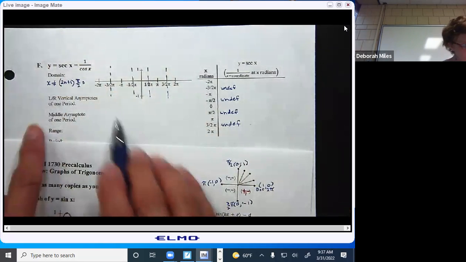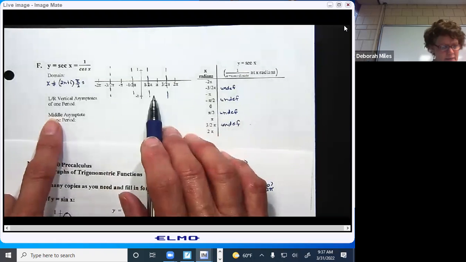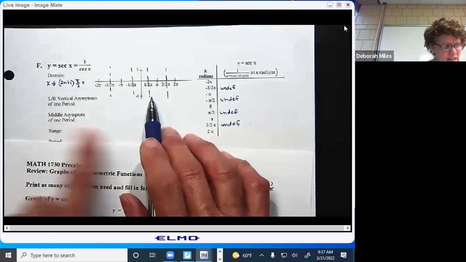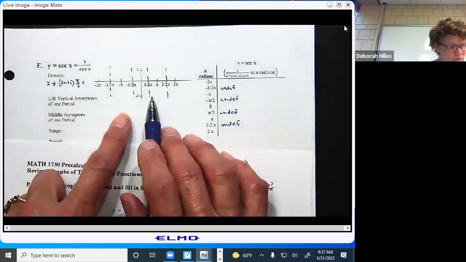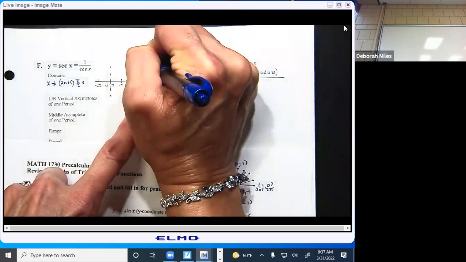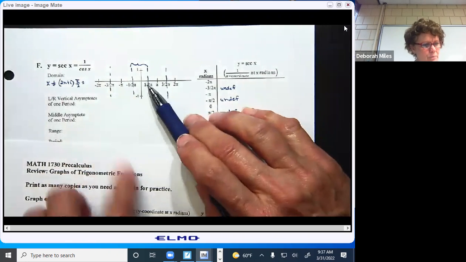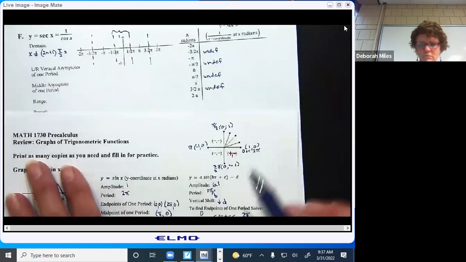We'll wait just a minute before we decide which of these asymptotes to use for one period. Let's think like we did for cosecant. What quadrants would be from negative pi over 2 to positive pi over 2?